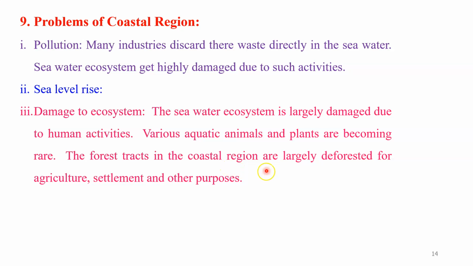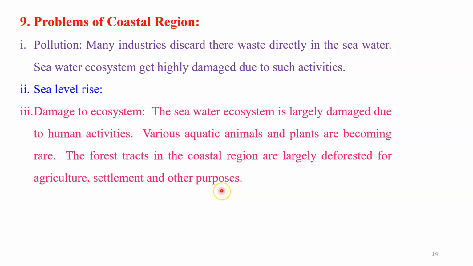Deforestation is very common, especially in areas where the tourism industry flourishes. In that area, we observe the problem of deforestation, because people would like to bring more and more area, which was covered by forest, under use. That land is now used by human beings for agriculture, for settlement, for hotels, or for resorts.